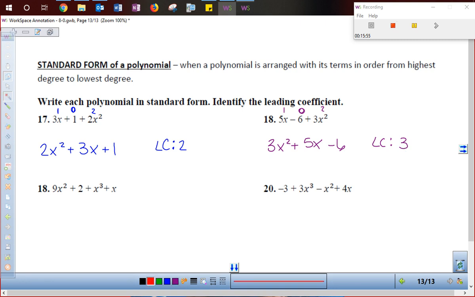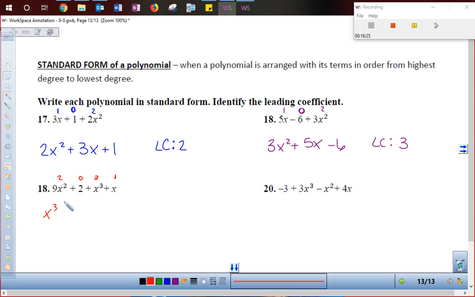On the next one, I have 9x squared plus 2 plus x cubed plus x. Let's look at my degrees. So 9x squared has a degree of 2, 2 has a degree of 0, x to the third has a degree of 3, and x has a degree of 1. So in order from highest to lowest, degree 3 goes first, so x to the third.